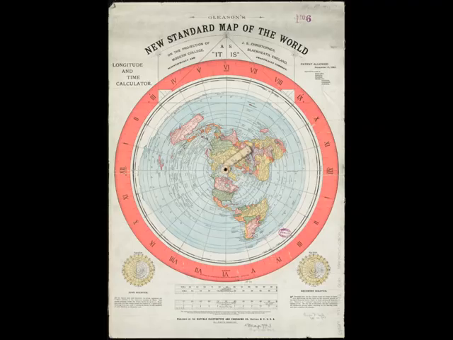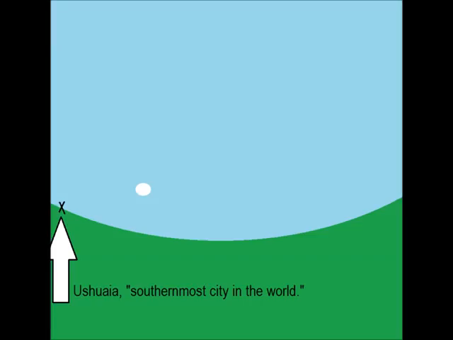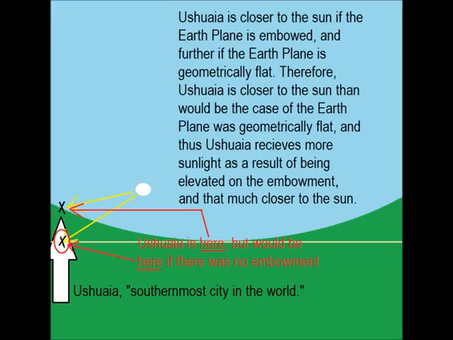The embowment also describes a few other interesting issues, such as, for example, why Ushuaia in South America at the very tip of the continent has such a prolonged amount of sunlight on its longest days of the year. If the Earth was a perfectly flat plane, this would not be possible.